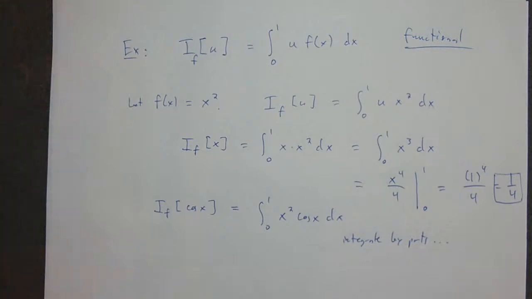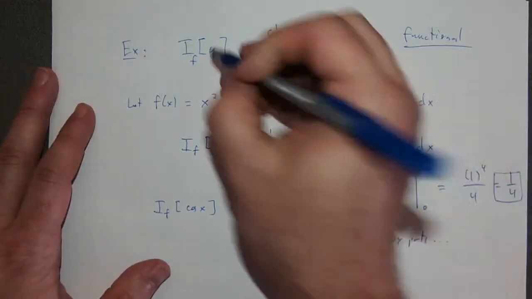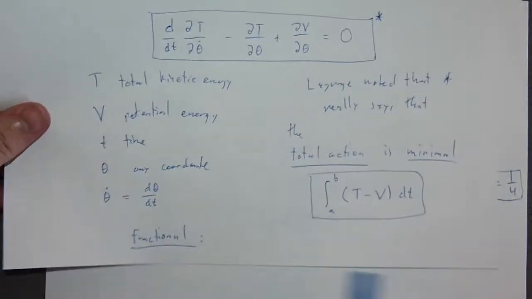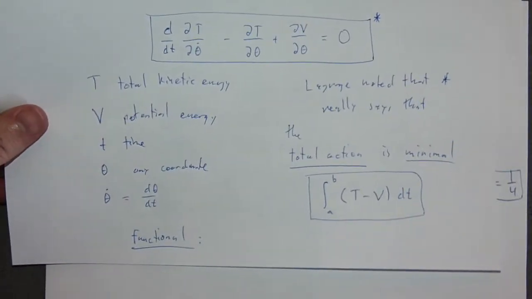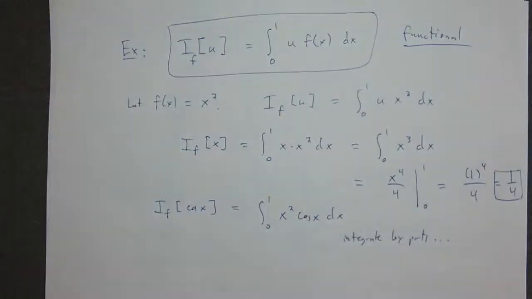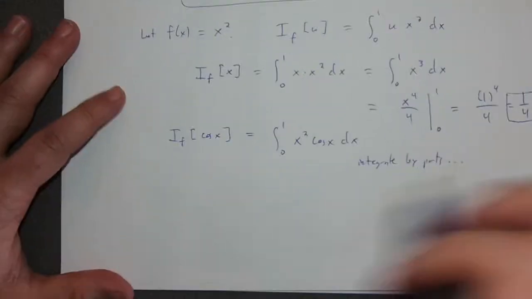Now, if calculus allows us to compute mins and maxes of functions, what kind of thing would allow us to compute mins and maxes of functionals? Things that look like this total action that Lagrange was interested in. This requires something called the calculus of variations.